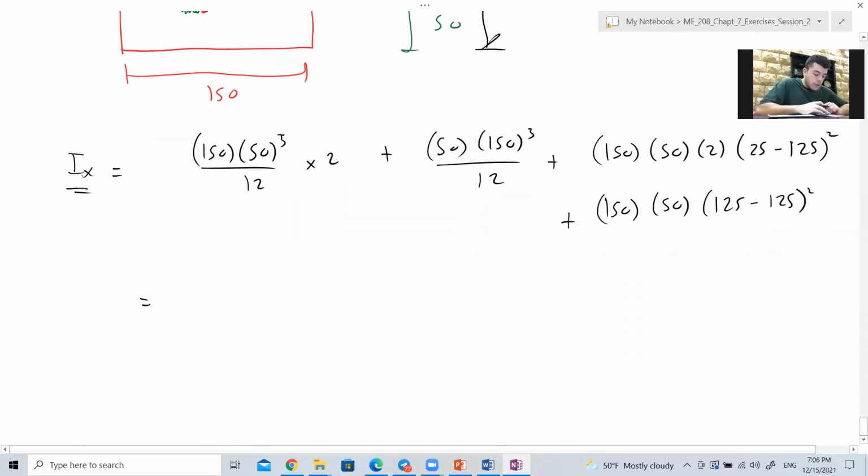So 150 times 50 cubed over 12 times 2, 50 times 150 cubed over 12, 150 times 50 times 25 minus 125 squared. بيطلع لك 167 187 500 millimeter to the power 4. This is Ix.